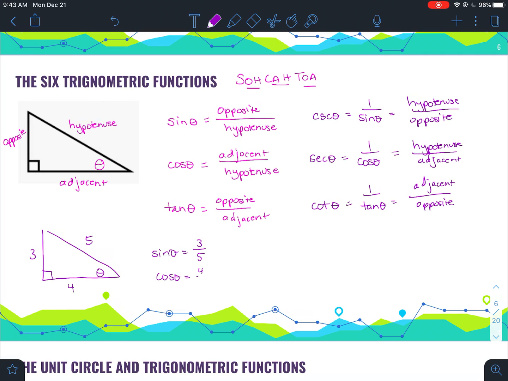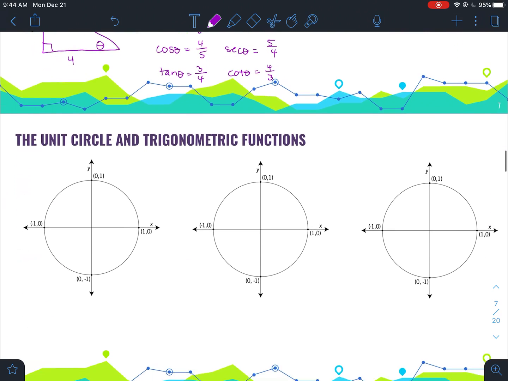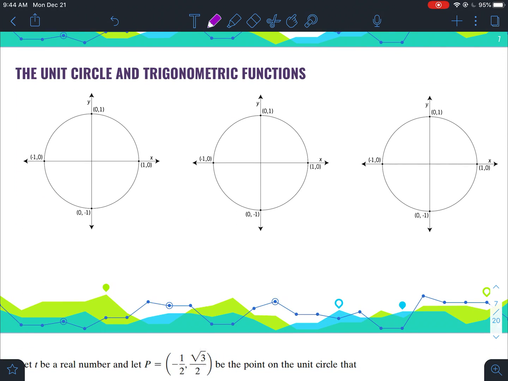The sine of that angle would be opposite over hypotenuse, so 3/5. The cosine would be adjacent over hypotenuse, so 4/5. The tangent would be opposite over adjacent, so 3/4. The cosecant would be 5/3, secant would be 5/4, and cotangent would be 4/3.